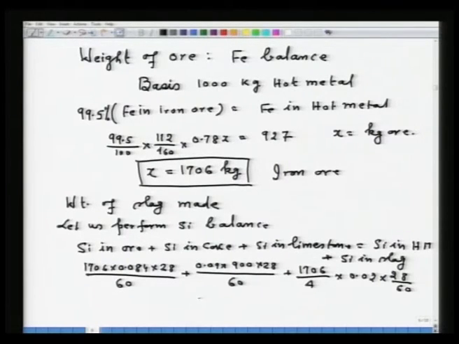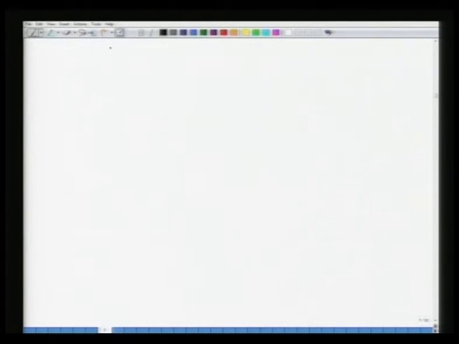That will be equal to silicon in hot metal plus silicon in slag, that is what we want to find out. If we perform this calculation, we get silicon in slag equal to 88.65 kg.